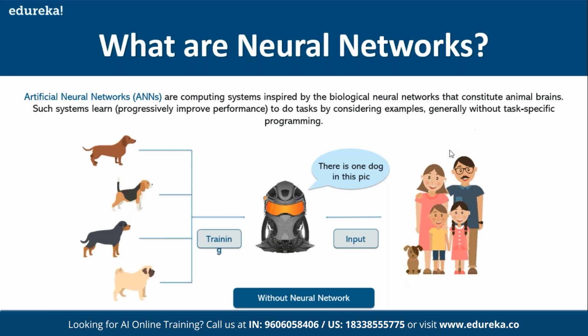Unlike a human being, today most of you are seeing this slide for the first time and you are able to recognize there are four human beings and one dog in this photo, and you say there is a father, there is a mother, there is a boy child and a girl child with a dog.